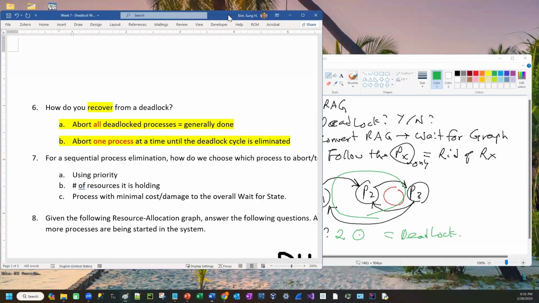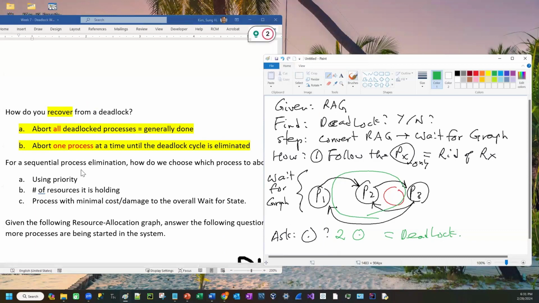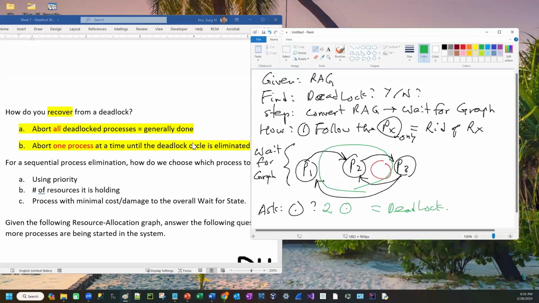Well, then there's another option. If you wait, it'll never get resolved, because that's by definition a deadlock, right? So what you can do is get rid of one process at a time. You look at this and say, I don't know which one I like or don't like, so maybe I'll figure out, can I get rid of this one or that one?